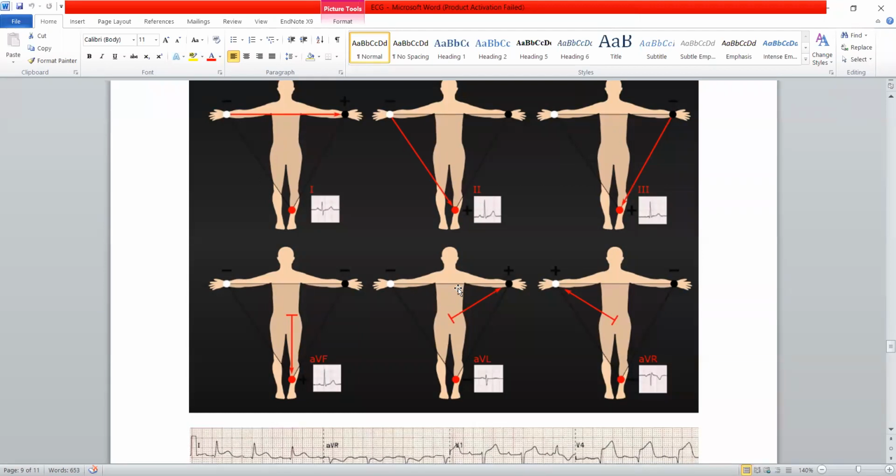And from the limb leads, which 2 leads have their positive terminal on the left arm? One is AVL. So 1 and AVL, V5 and V6 are lateral leads, and 2, 3, AVF are inferior leads.